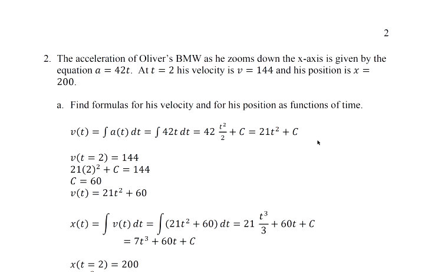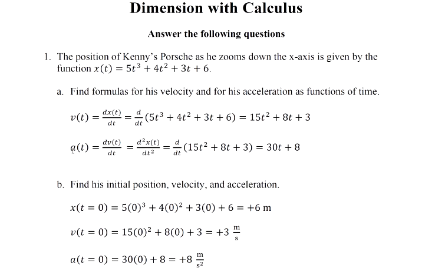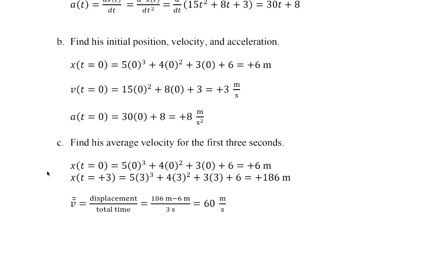To determine his velocity, we need to take the integral of the acceleration, because we were given acceleration. In question 1, we were taking the derivative of displacement to find velocity and acceleration. In question 2, we're going to take the integral of acceleration to find velocity and the integral of velocity to find displacement.